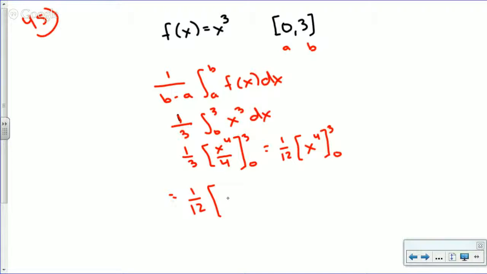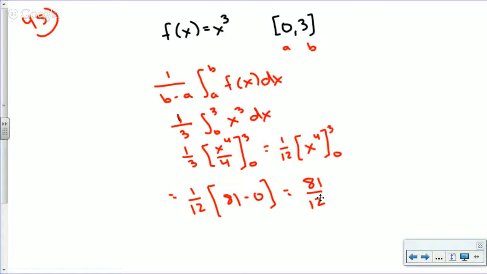All right, so I have 1 over 12. And if I put 3 in, 3 to the 4th, well, 3 squared is 9, and 9 squared is 81, right? So I have 81. If I put 0 in, 0 to any power is 0. Okay, so my answer is 81 over 12.